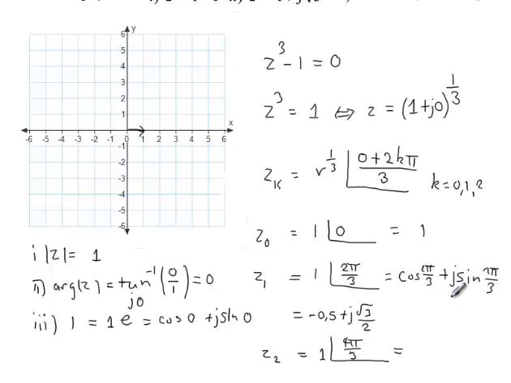Because it's minus 0.5 minus j square root of 3 over 2.